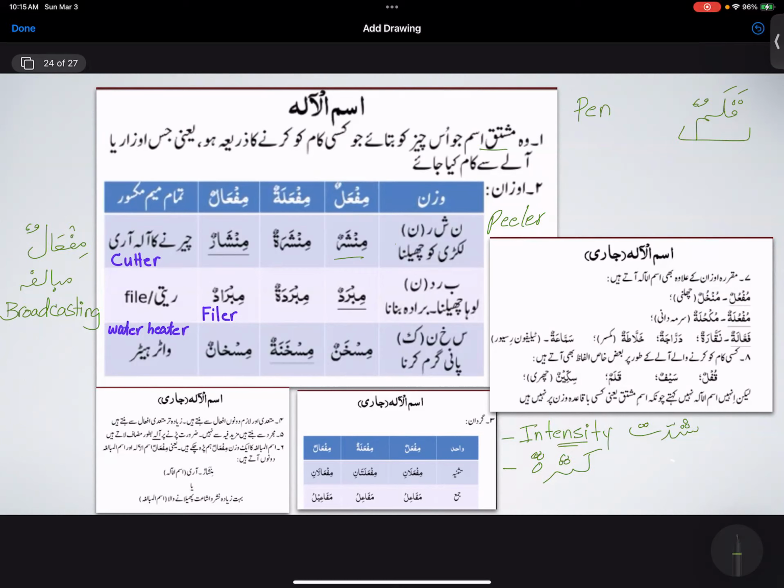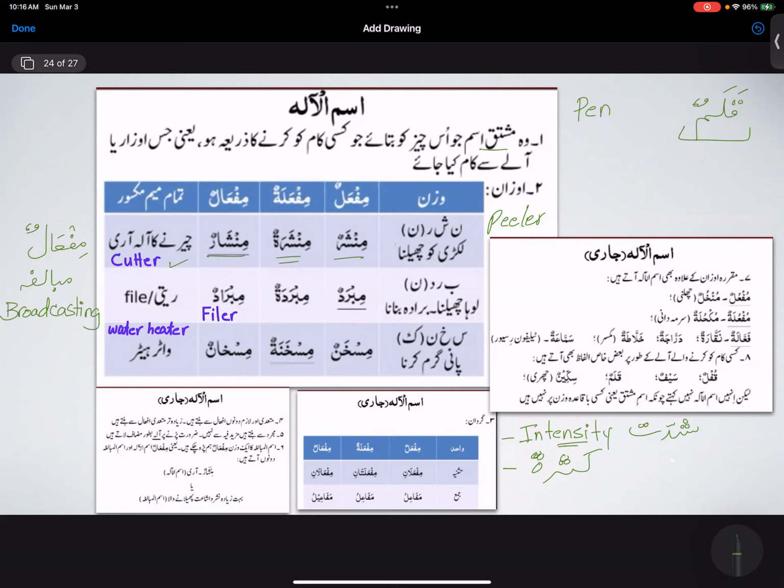Now, for example, minsharun, we are saying that this is basically a cutter, right? The thing that cuts something, like a big saw, we are cutting a tree, right? So that is minsharun. But minsharun could also be a mubalagha because of nashara. Any Urdu speaker, what could be the other meaning of nashara? Nashr karna. Yeah, exactly. Broadcast, yes.